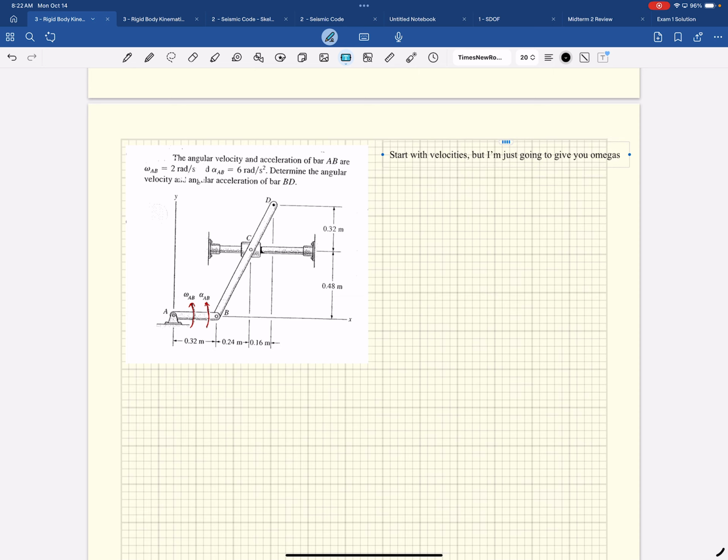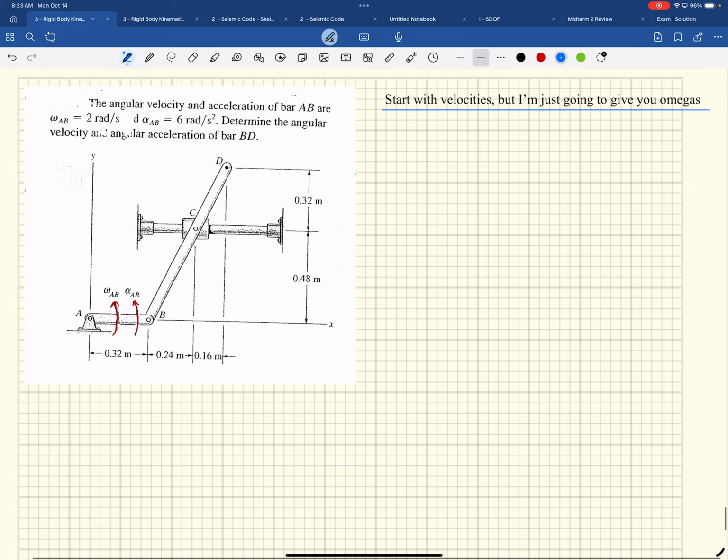Technically, you should notice that I absolutely need those omegas. The omega that I need is of this guy. To go from here to here, I need to know what this omega is. But I'll tell you what that is right now. The way you would do it is you do velocities. I go from here to here, then here to here, and put a constraint that it's stuck in the X direction. Then I would look in the X and the Y, and it would tell me what this omega is.